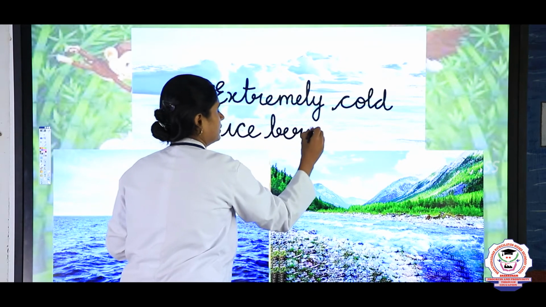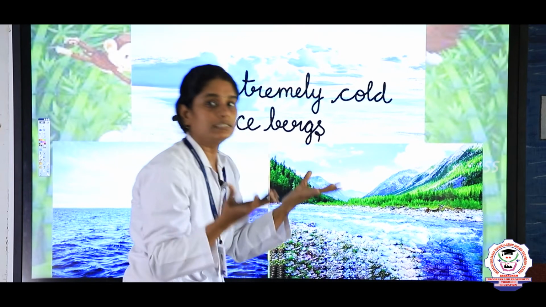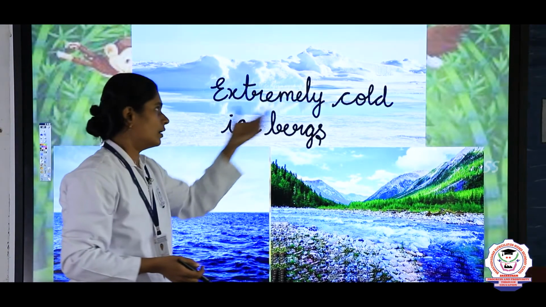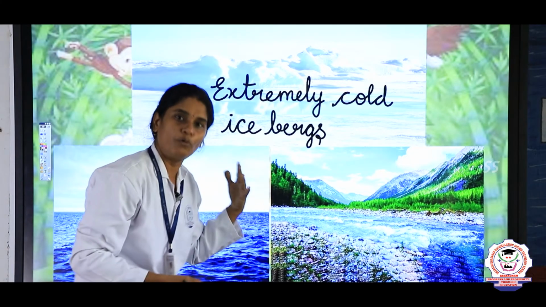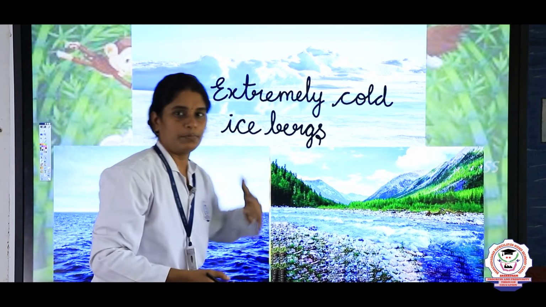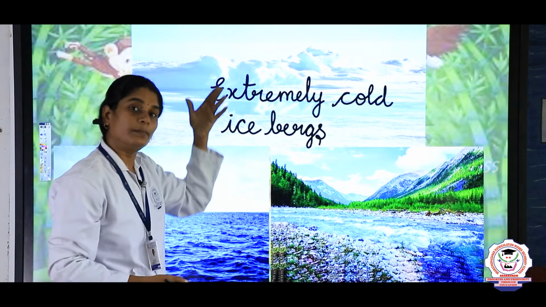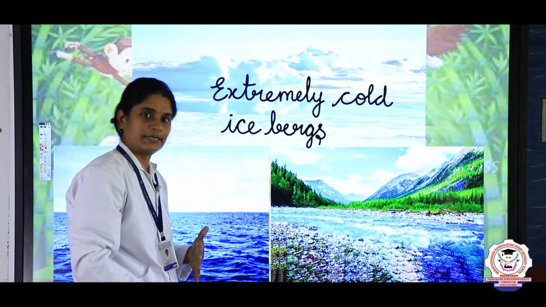So, ice will be present in the polar region. In the polar regions we can see some animals that live there. For example, polar bear. A polar bear lives in the polar region, but a polar bear cannot live in an ocean or in rivers, right.